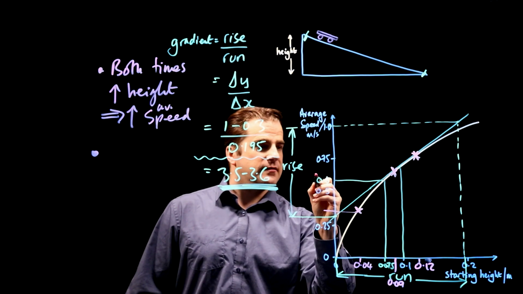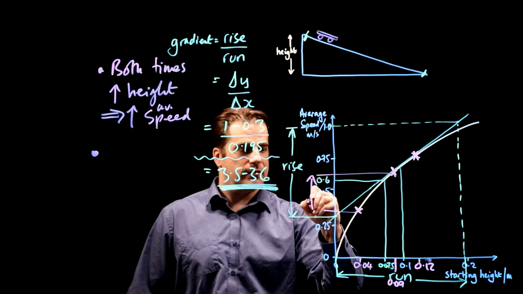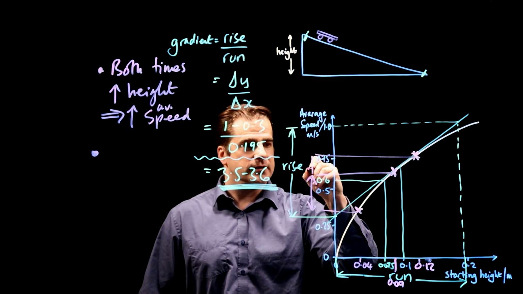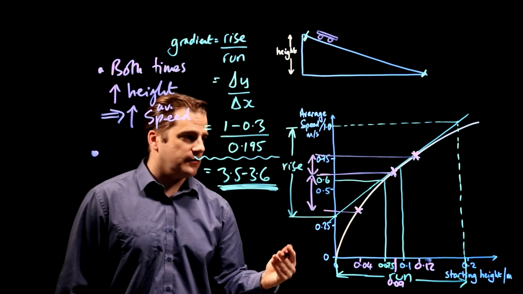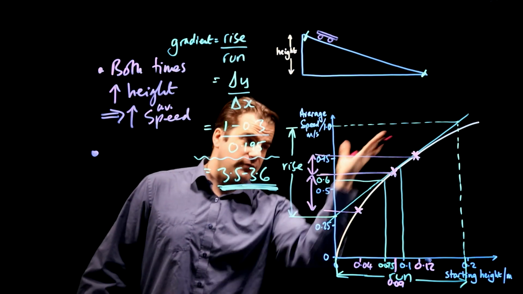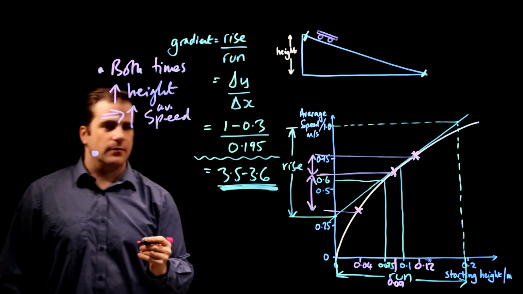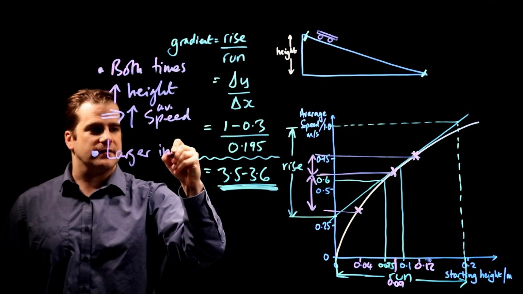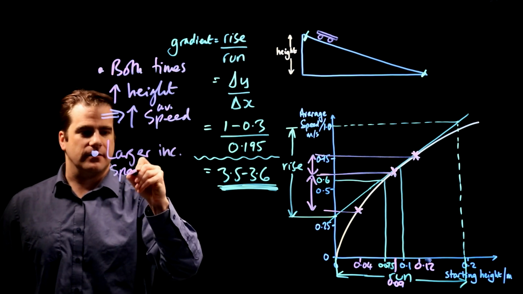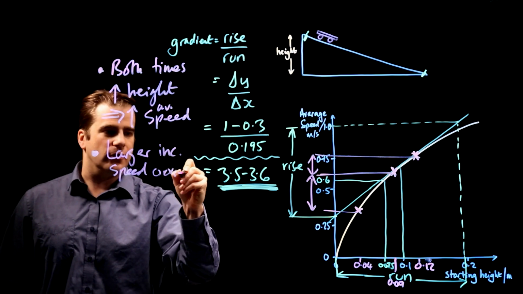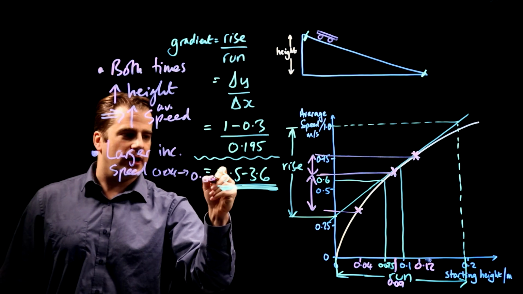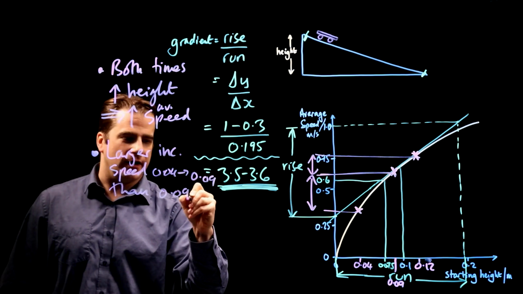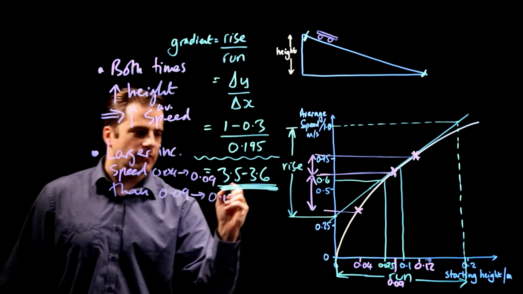Okay, that change in speed there is greater than that change in speed there, like I say, because it's curving in that direction. So a larger increase in speed from 0.04 to 0.09 than from 0.09 to 0.12.